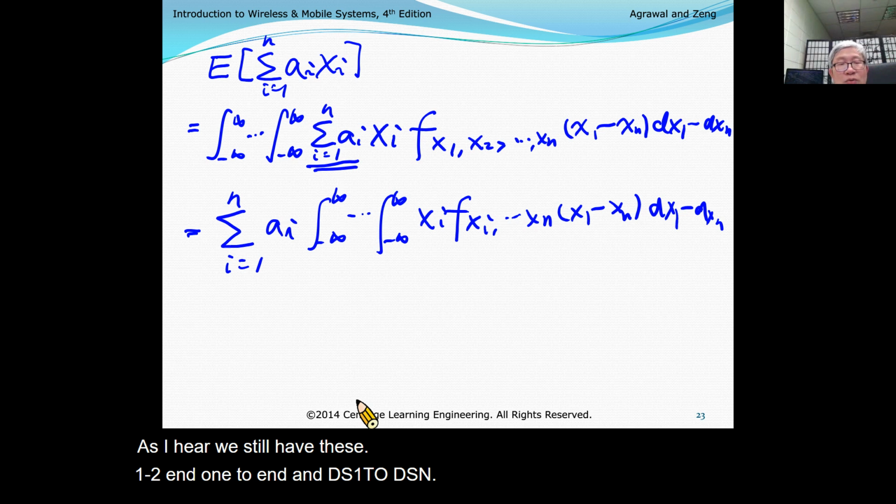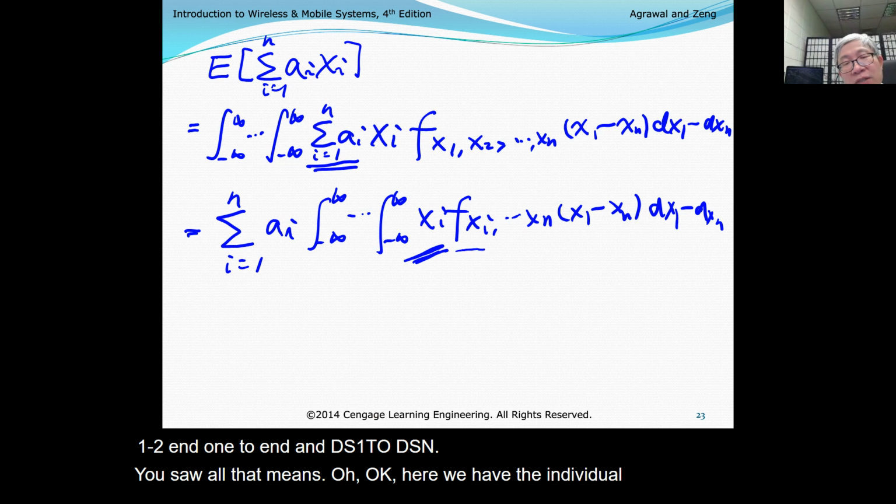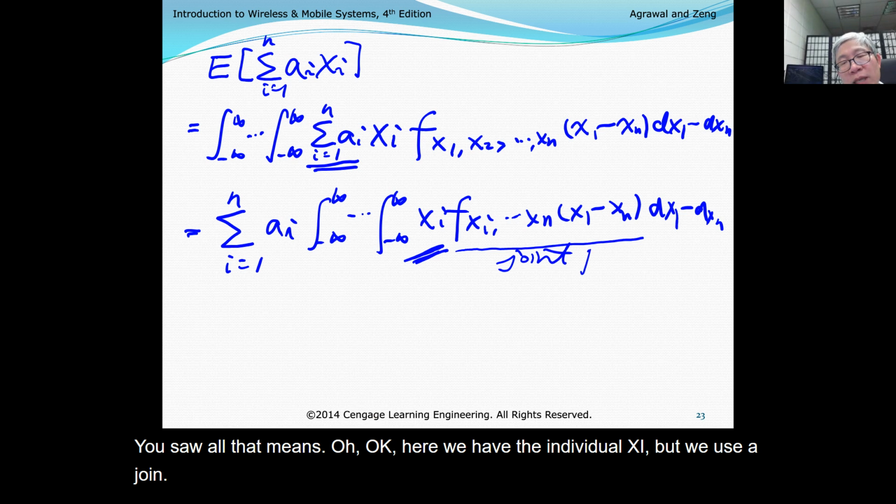Well, so what it means, oh okay, here we have the individual xi, but we use the joint PDF.